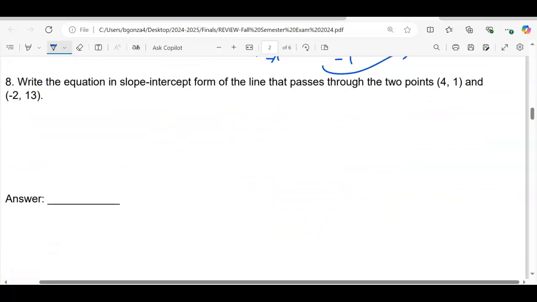Alrighty, next one, write the equation in slope-intercept form, which again is a y equals form, of a line that passes through 2 points, 4, 1 and -2, 13. Now, this time we have points, but we have no slope. Slope equals question mark. Oh, we need the slope formula first.